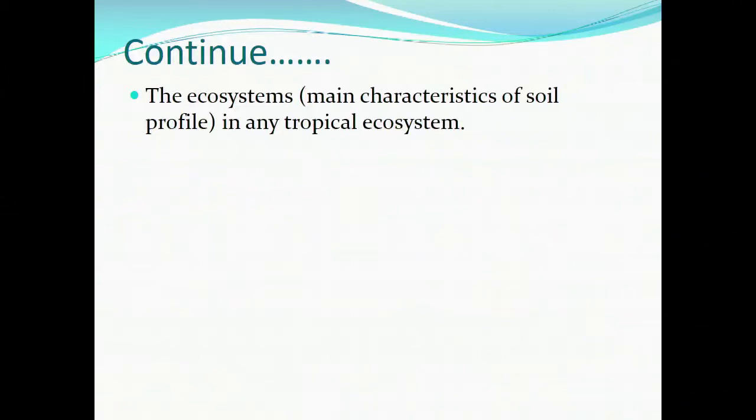Then we also have to look at the topic of ecosystem and how it is related to soil formation, whereby we need to look at the main characteristics of a soil profile in any tropical ecosystem.